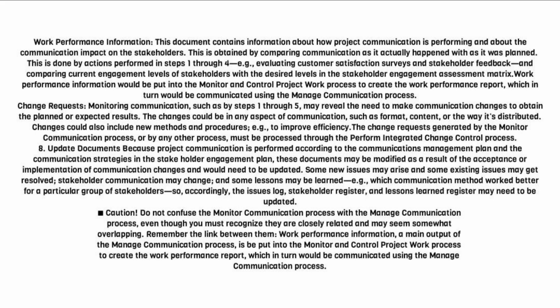This is done by actions performed in steps 1 through 4, e.g., evaluating customer satisfaction surveys and stakeholder feedback and comparing current engagement levels of stakeholders with the desired levels in the Stakeholder Engagement Assessment Matrix. Work performance information would be put into the monitor and control project work process to create the work performance report, which in turn would be communicated using the managed communication process.